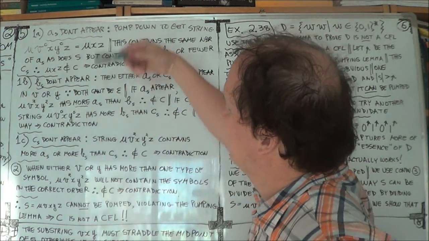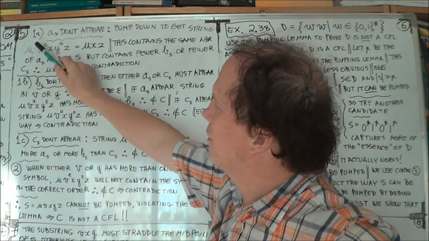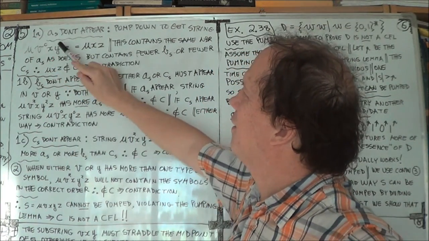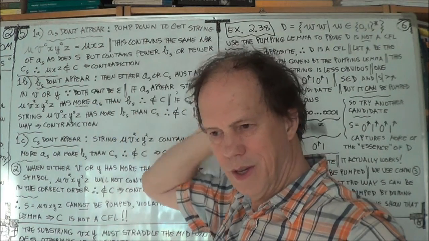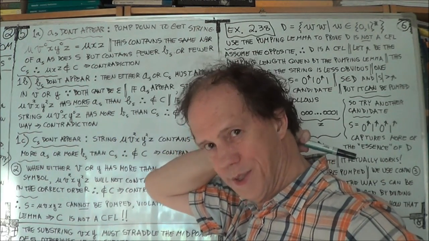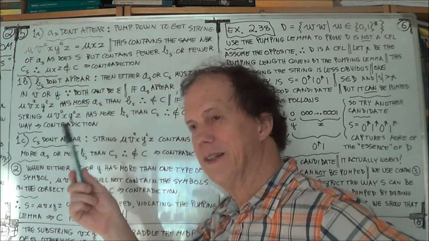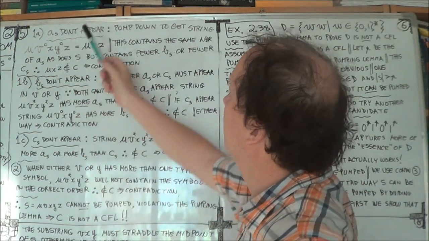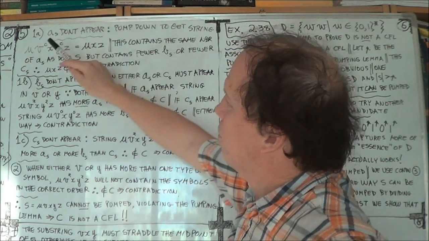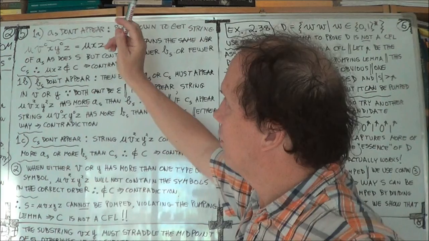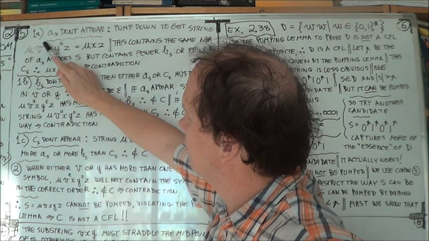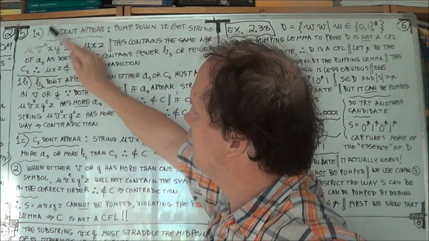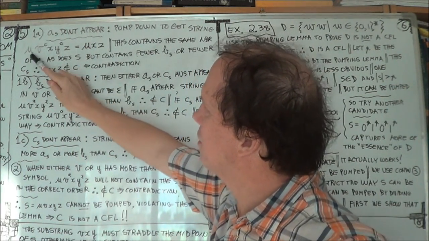Okay? So we have now three sub-cases to consider. So, subcase 1A, your V has no A's. So the V consists of all B's or all C's. You follow me so far? If not, rewind. Okay, and we're going to pump down. So your V to the power 1 just goes to V to the power 0, so that means empty string.